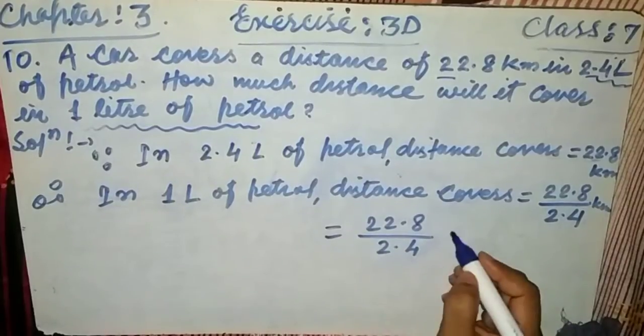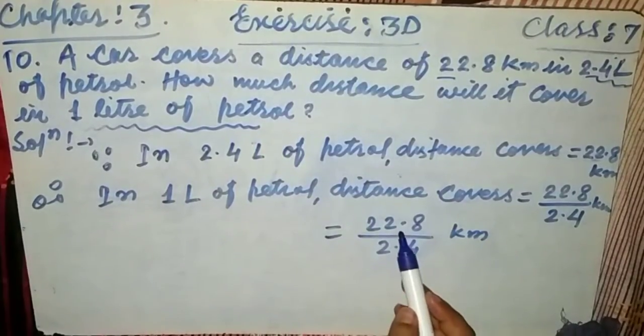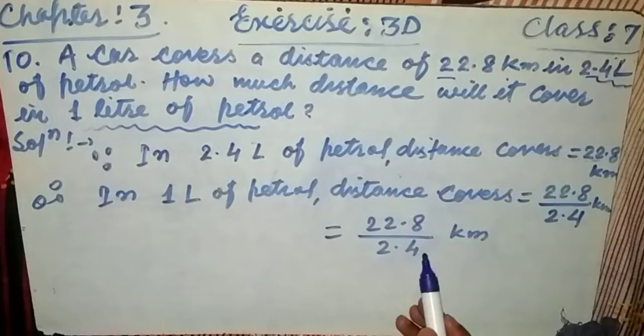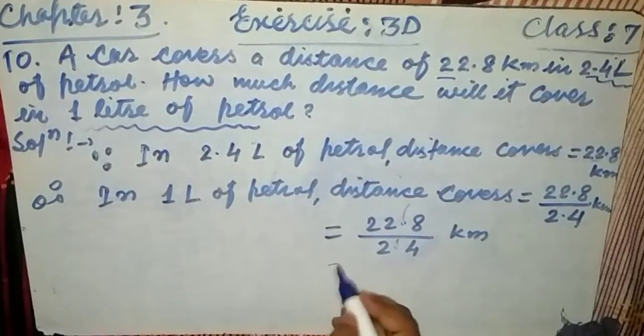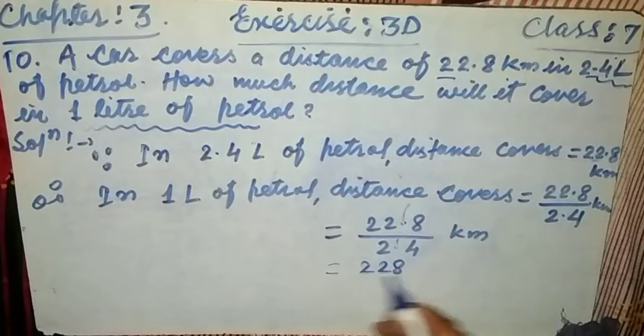Have a look friends, in kilometers. After decimal, here is one digit. After decimal, here is one digit. Means this decimal will get cancelled. And now this became 228, and this is 24. Now see friends, divide 228 by 24. How many times?